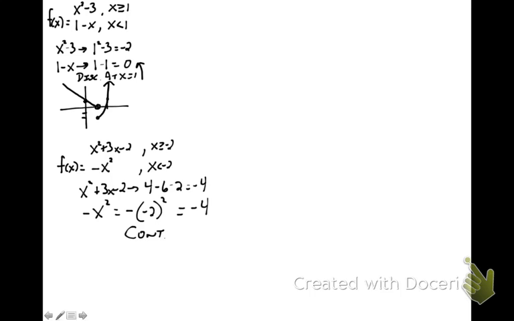Finally, let's consider a more abstract kind of problem where we need to figure out what value of some constant allows something to be continuous. So let's consider the function f of x equals 3x plus 2 whenever x is greater than or equal to 1, and is 2k minus x whenever x is less than 1.